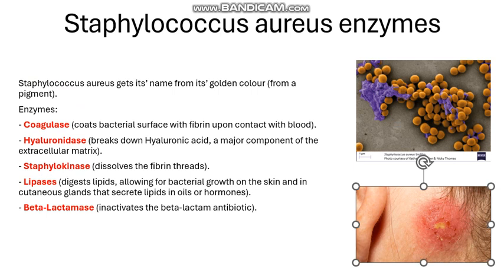Now, if we look at this image from the bottom right here, you can see the golden pus in the middle of this swelling. That kind of golden pus is a colony of the Staphylococcus aureus that have breached the skin barrier and caused an infection. It doesn't look very nice, but it's usually not really much of a problem.